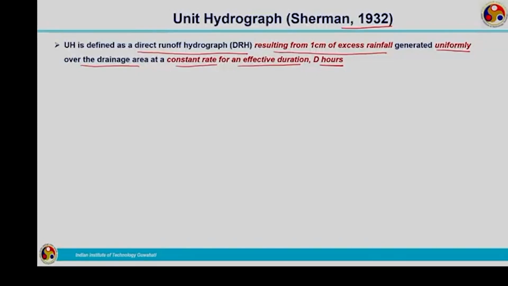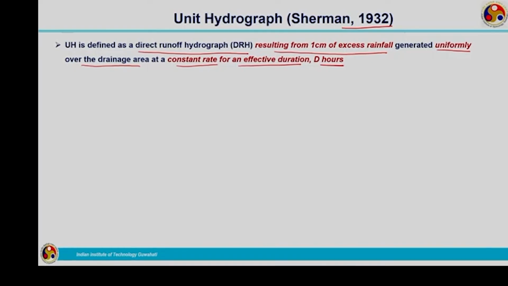That runoff which is produced at the outlet of the catchment is the direct runoff. That direct runoff hydrograph is produced due to 1 centimeter of rainfall for d hours, uniformly experienced by the catchment. In the previous lecture, when we were discussing different inputs to a linear system, we saw 3 different inputs: impulse input, pulse input, and step input.